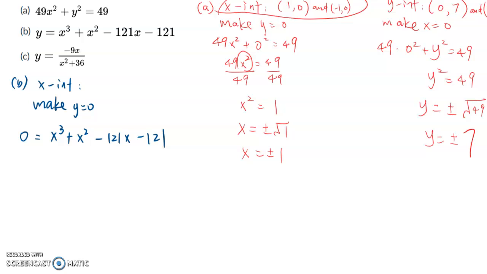This is an equation I haven't seen for a long time. It has 4 terms, so when we have an equation with 4 terms, usually we will solve it by grouping. So I will group the first 2 into one group and the last 2 into one group.